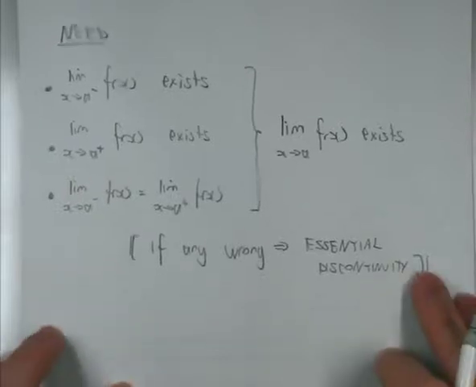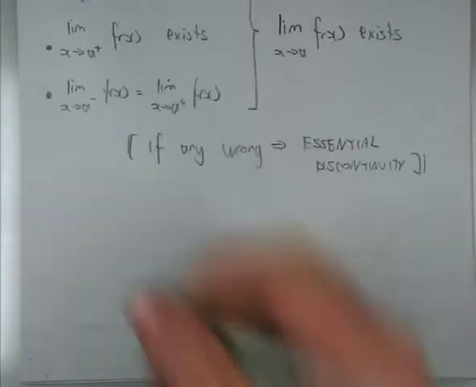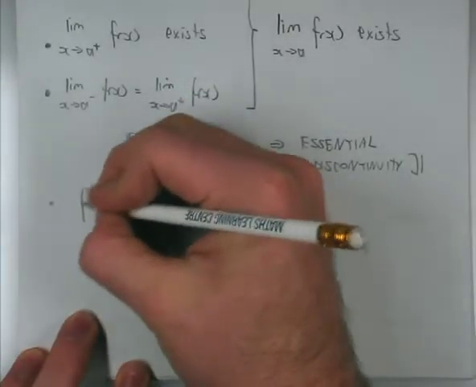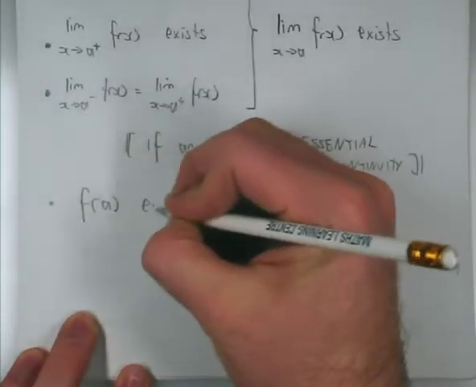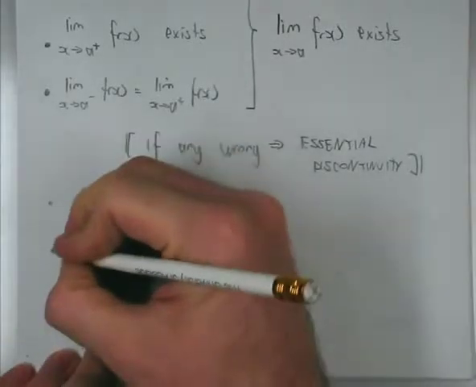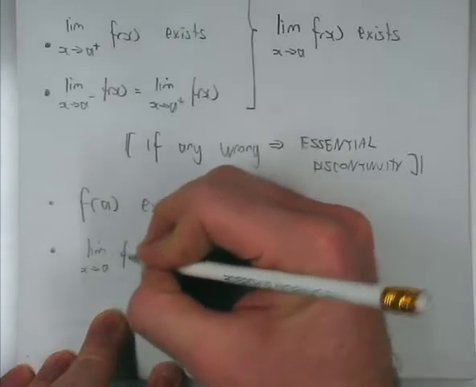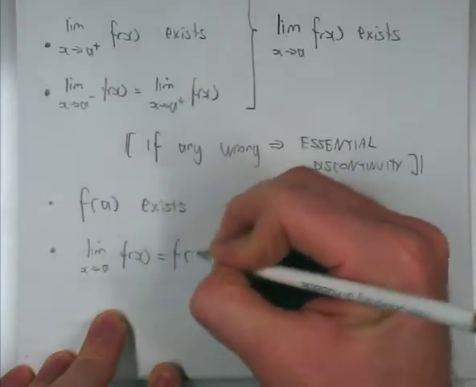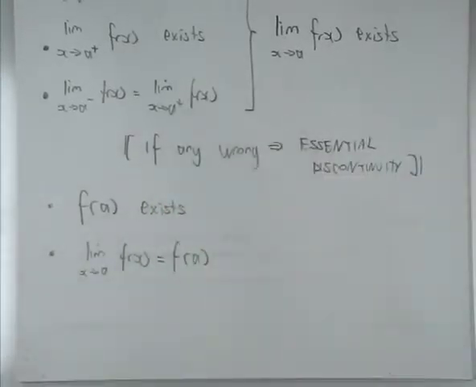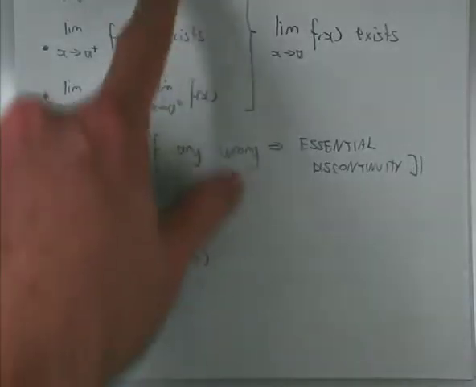And then, once your limit exists, there are two conditions left to go. You need the actual function value at that point to exist. And if that does exist, you need the limit to actually be equal to the function value. And if either of these two are wrong, it's called a removable discontinuity, because you've already checked the others.